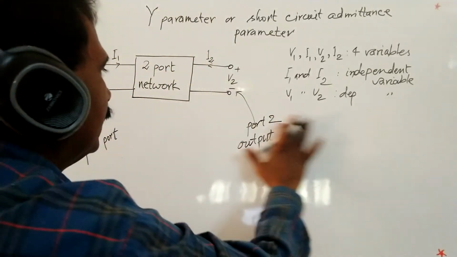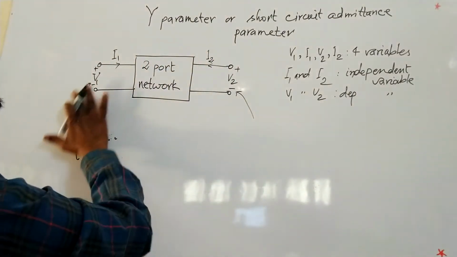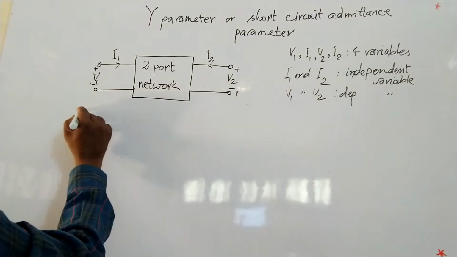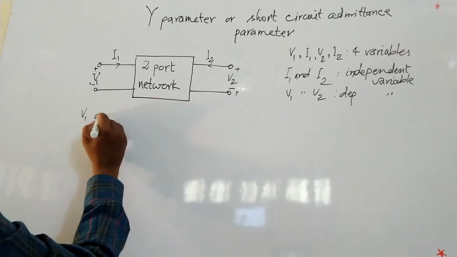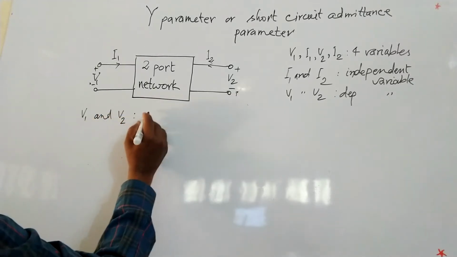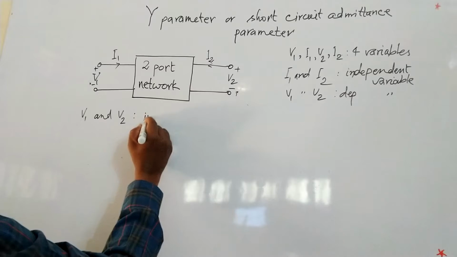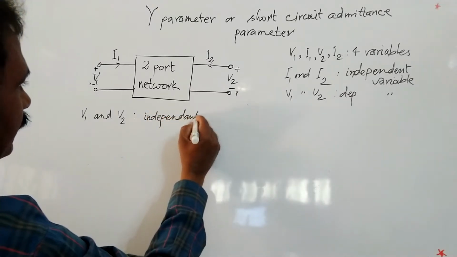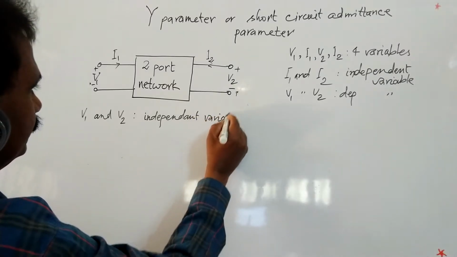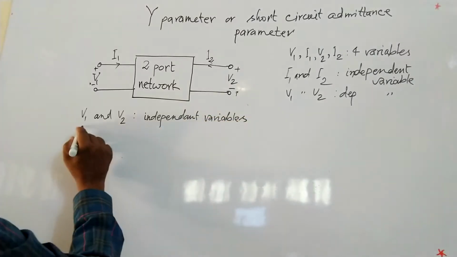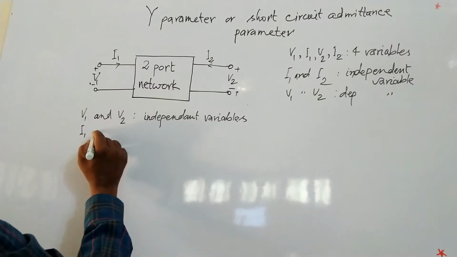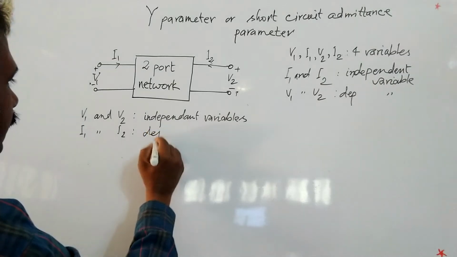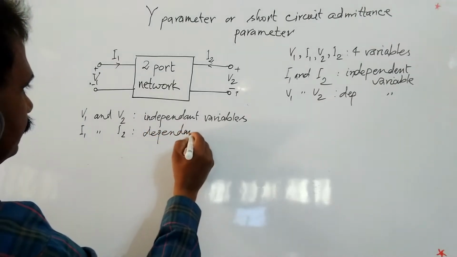But in the case of Y parameters, we take V1 and V2 as independent variables, and I1 and I2 as dependent variables.